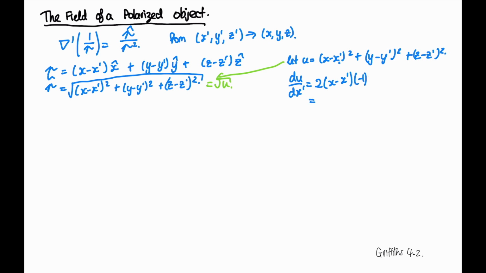So this is going to be equal to minus 2 times x minus x prime. Okay, so what we're trying to work out is this. What this means is d dx prime. We've got the prime on the x here because we've got the prime on the grad here. That's what that means.